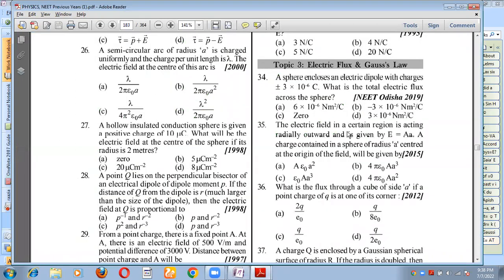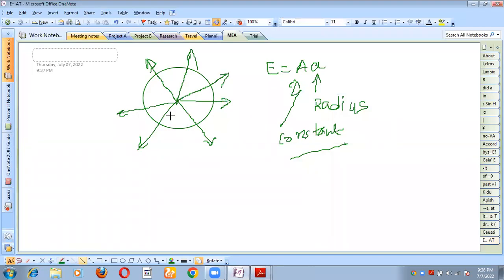Now we have to find the charge at the center of the sphere. If there is a radial outward electric field, there must be a charge inside the spherical surface.